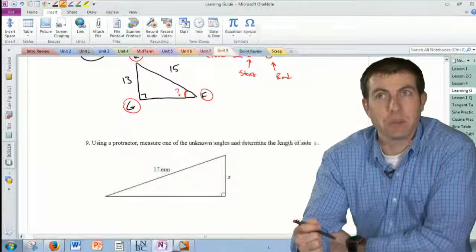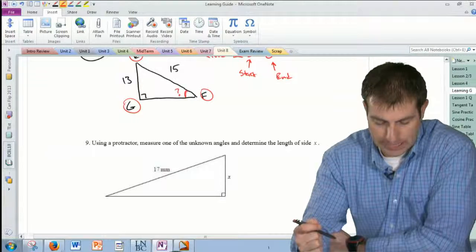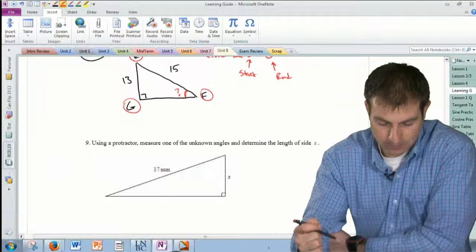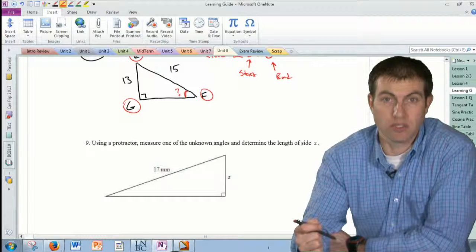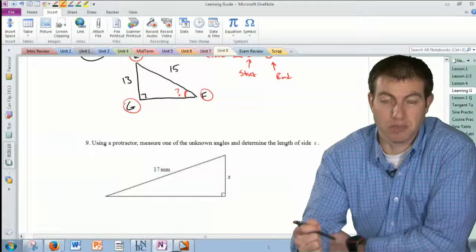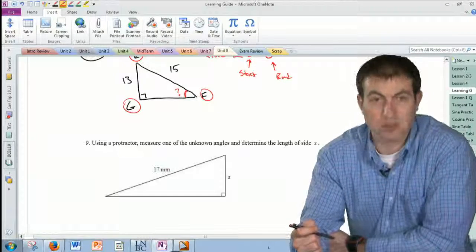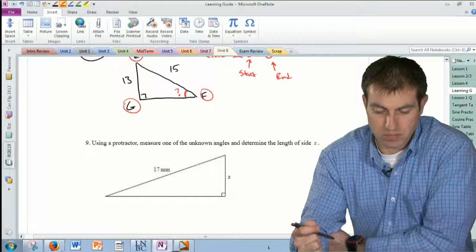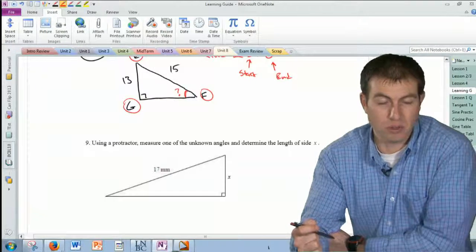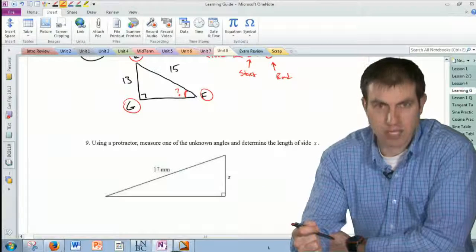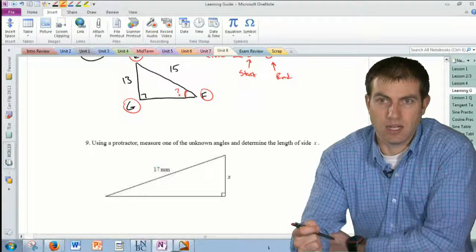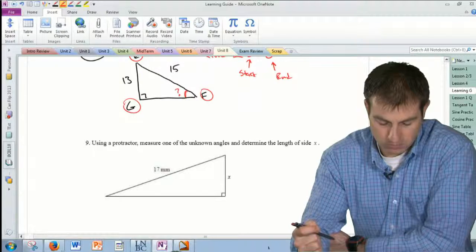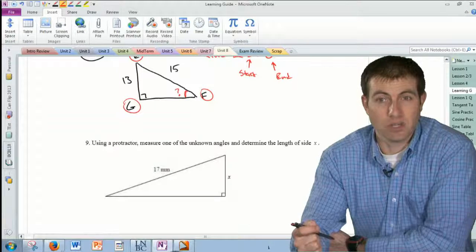How do we do it? On a provincial exam, you will likely not be asked. Just do your best. If a question on a provincial asks you to use a protractor, just put up your hand and say, hey, I need a protractor, and somebody will get you one. They are allowed on the exam. If you need one, one will be provided for you. At home, if you don't have a protractor, I can't measure it, so unfortunately there's not much we could do.